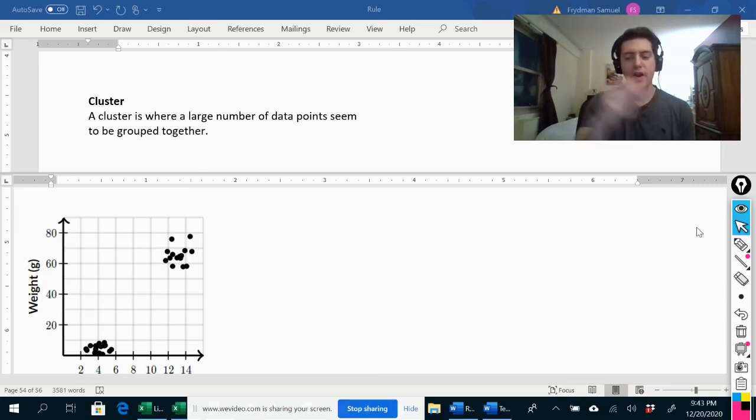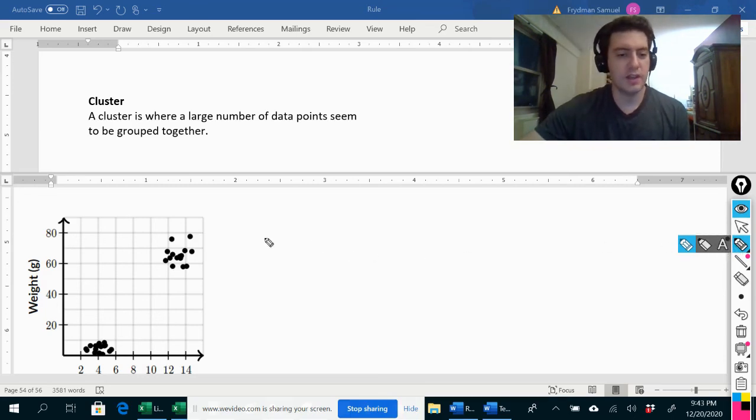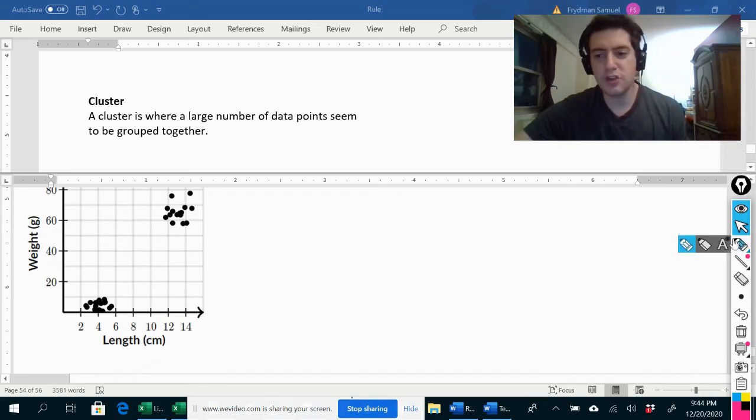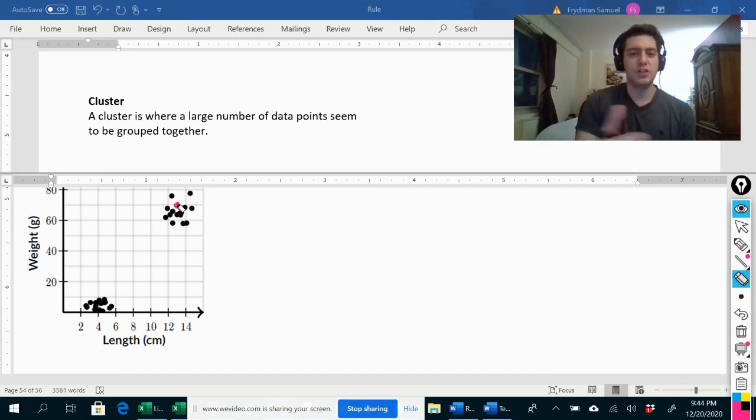So for example, if I reach in again and I measure the fish and I see that the fish has a length of 13 centimeters, and it has, let's say, a mass of 70 grams, then I could say, oh, okay, based on that information, if I plot it, I can see that it's in this cluster, so that must be a male fish that I just pulled out of the water.